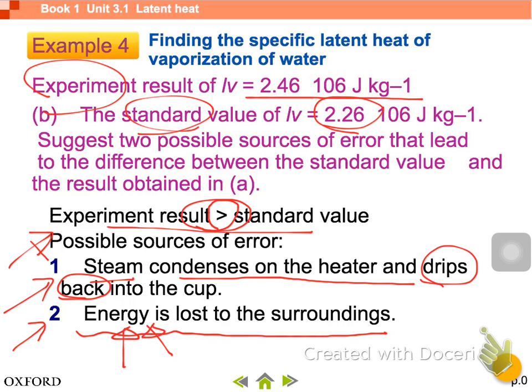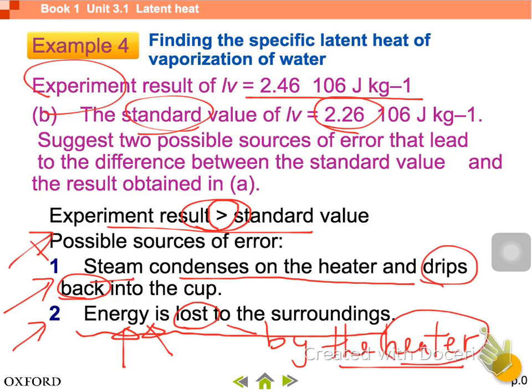This energy should be lost by what? By water, by heater, or by the kilovolt hour meter? Actually, it should be by the heater. The heater is very hot, and the energy it gives out is not totally supplied to change the water into steam.